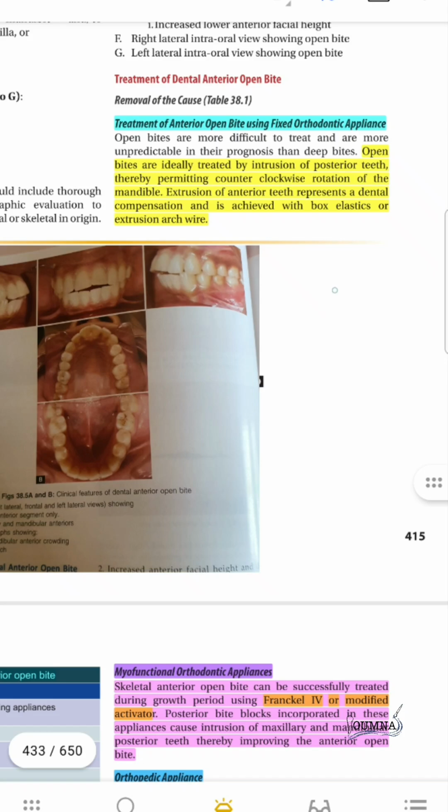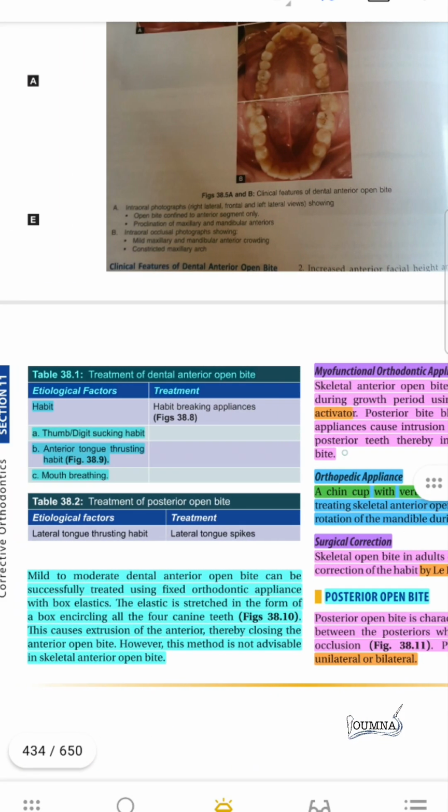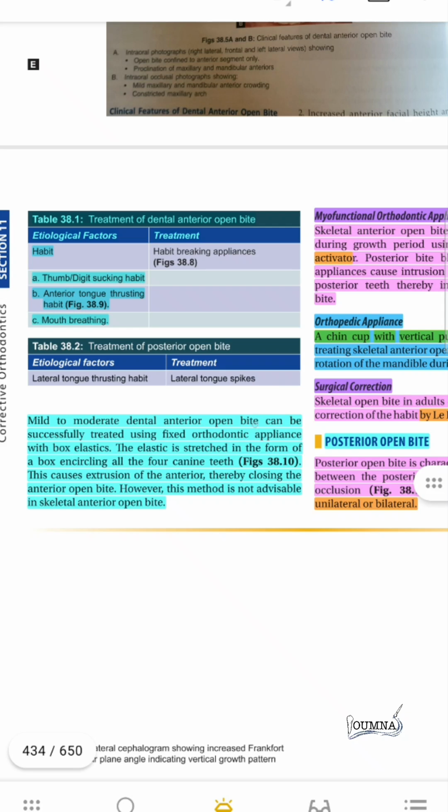We use for this what are called box elastics for extrusion, and they are attached to the 4 canine teeth. This will cause extrusion of the anteriors and closing the anterior open bite.